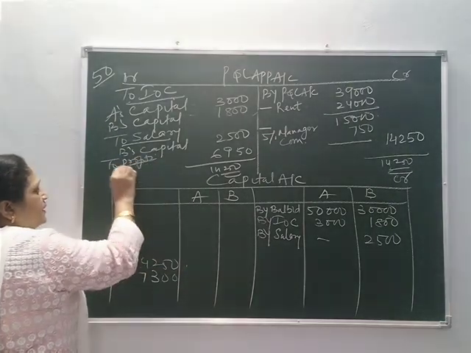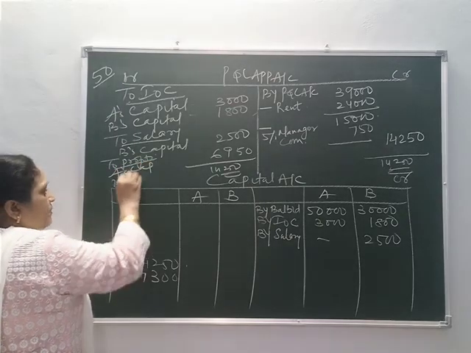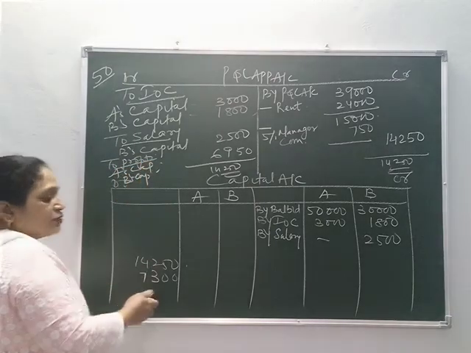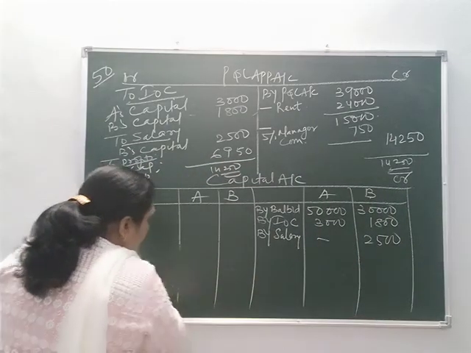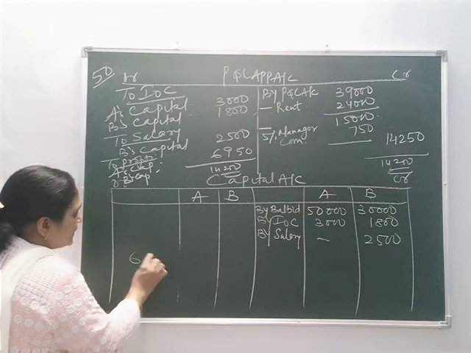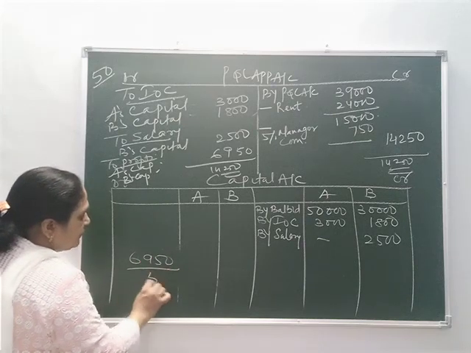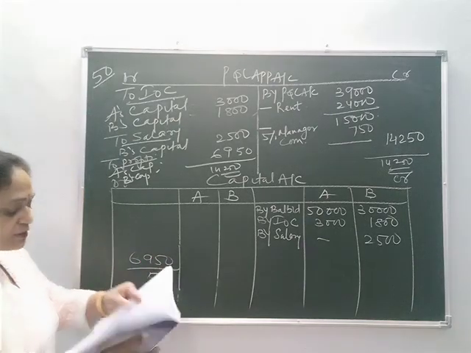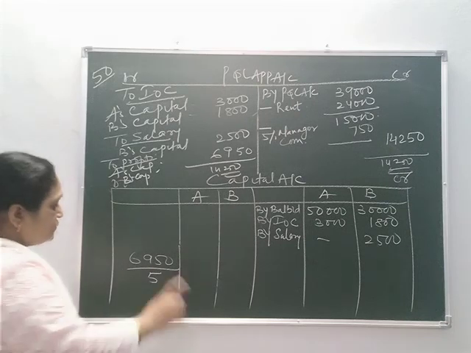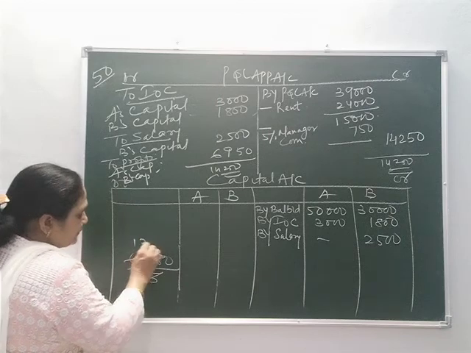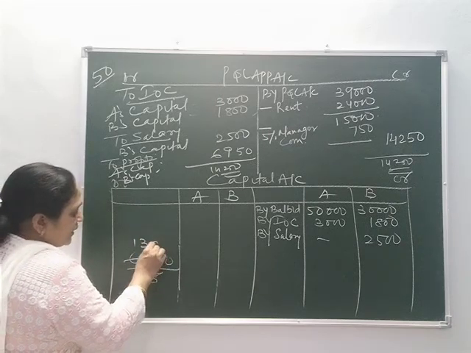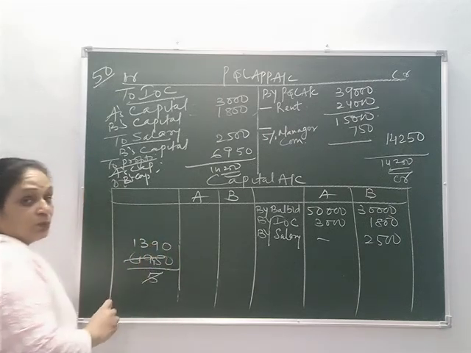This is divided among A's capital and B's capital. The ratio of profit sharing is 3:2. Okay. So 6,950 divided by 5, since 3:2 is the profit sharing ratio. So 5 we will divide it. 5 ones are 5, 5 threes are 15, 5 nines are 45, 0.